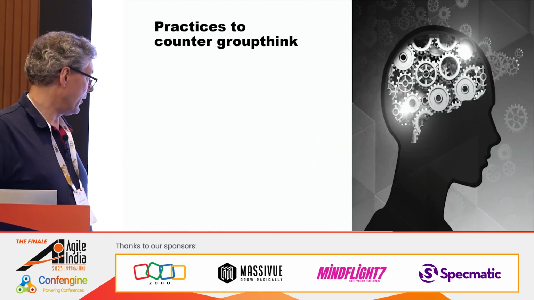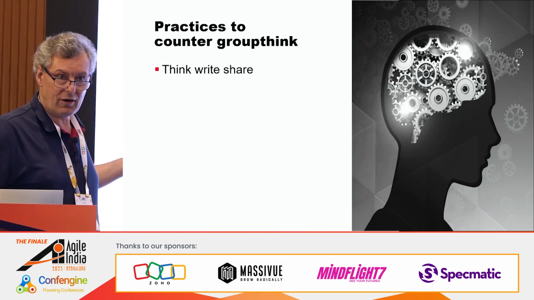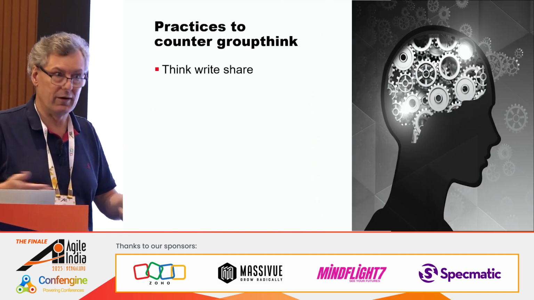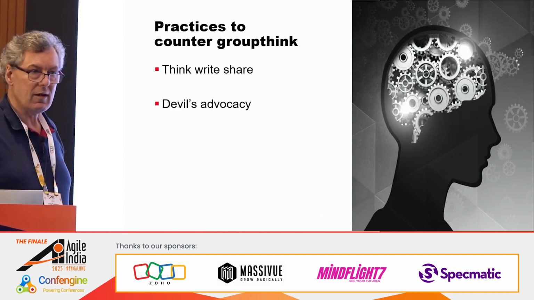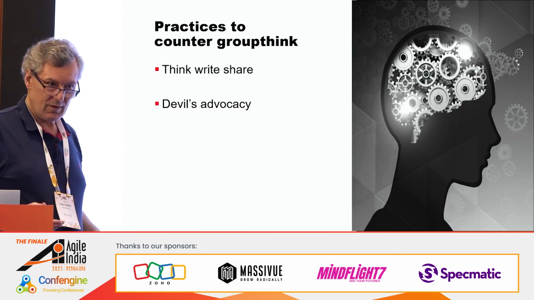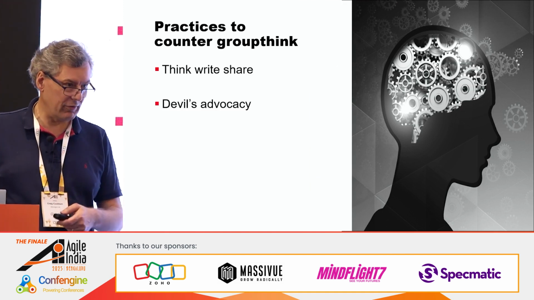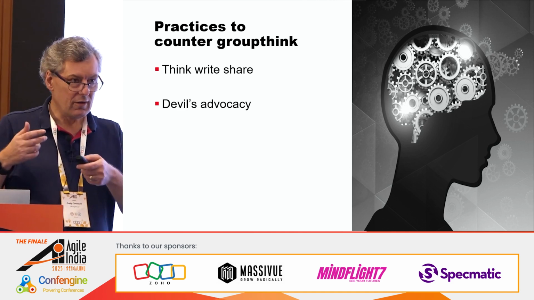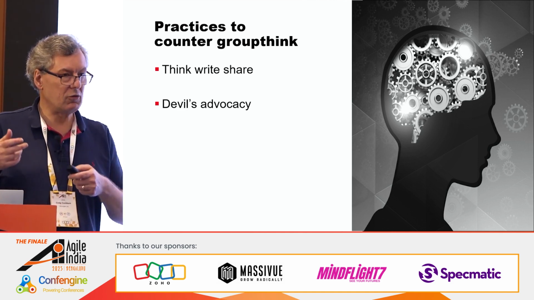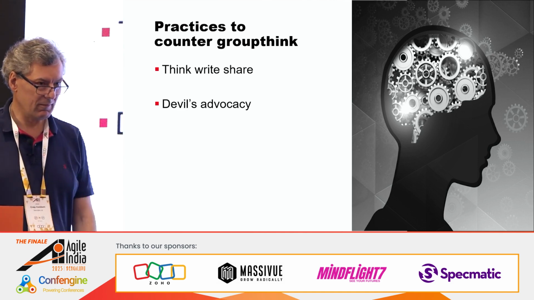Practices to counter groupthink. Well, I've just used think, right, share, right? So everybody comes with their own opinion. We practiced that one already. Devil's advocacy. Taking a contrary position to argue it. Devil's advocacy goes back to the 16th century.